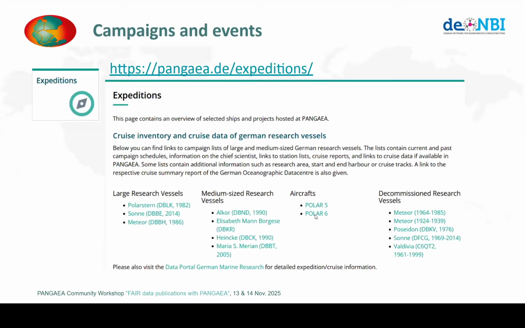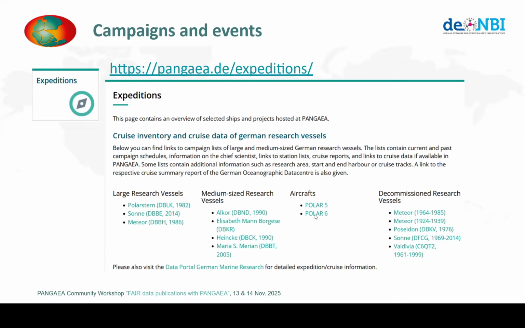So we link campaign and event information to our datasets. I wanted to point out as well that we have an expedition website, and also lots of information in our database already about the cruises that were done with the bigger German research vessels. So we archive the station list of these research vessels.